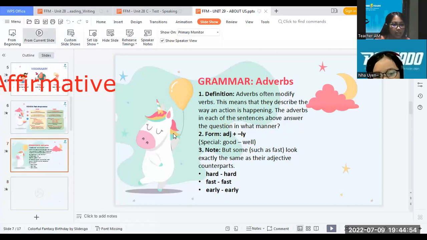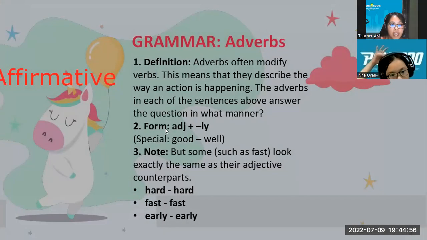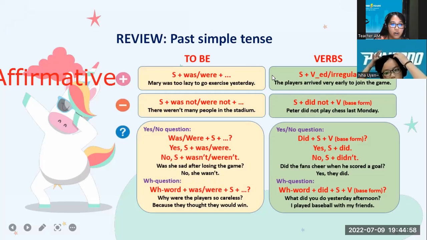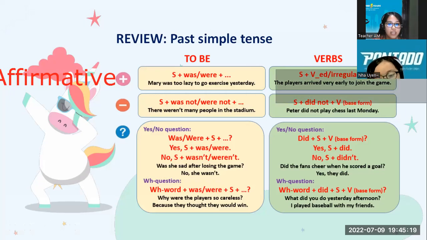Okay, that is the players. The players is the subject. Arrived is what we call the verb. A verb is an action word, just like singing, dancing, playing, jumping, walking, running. Those are verbs. Do you understand, Uyen?